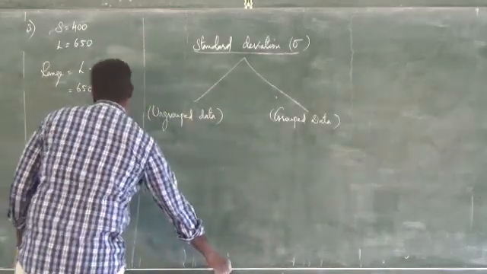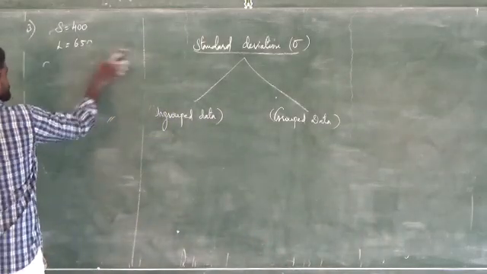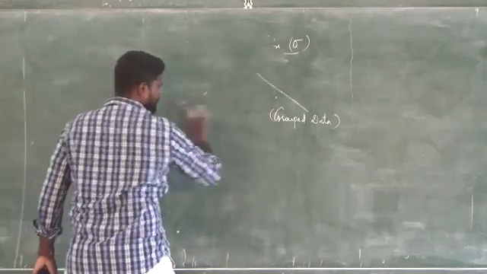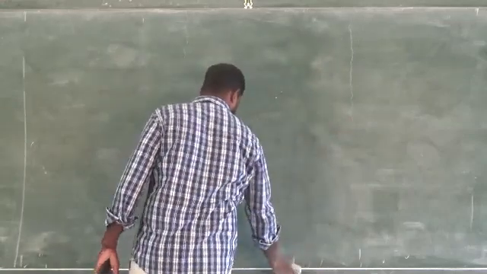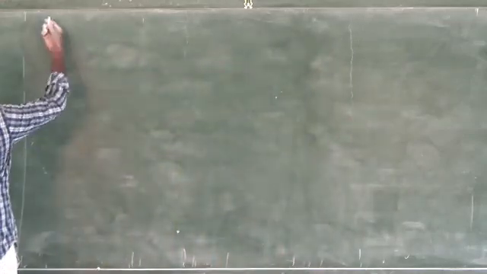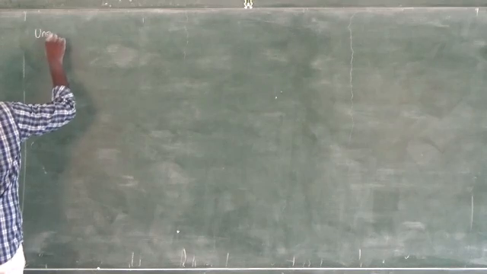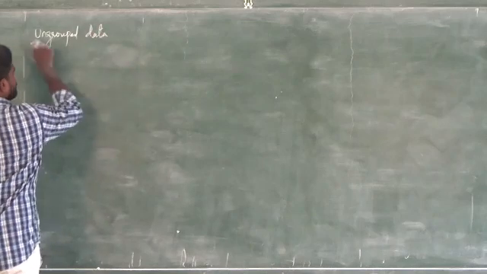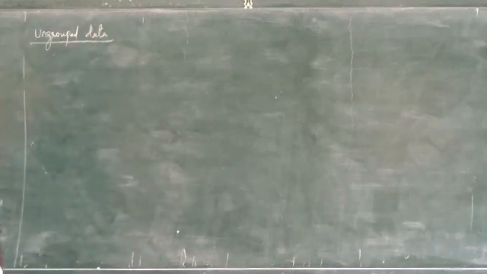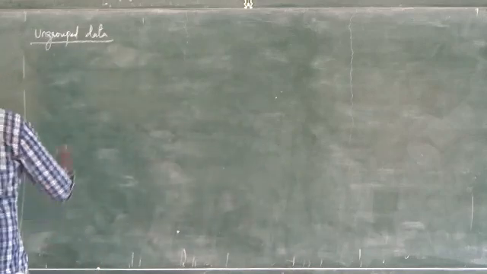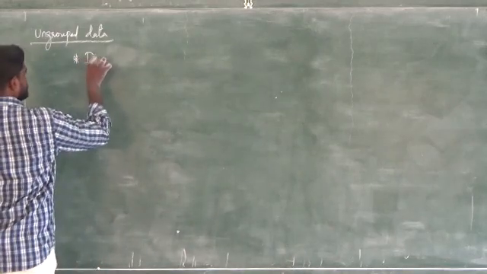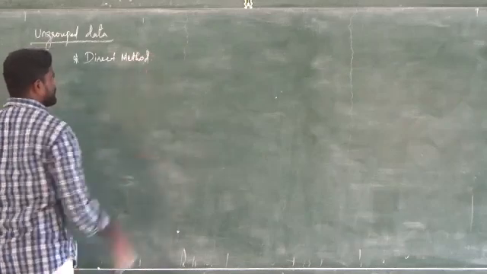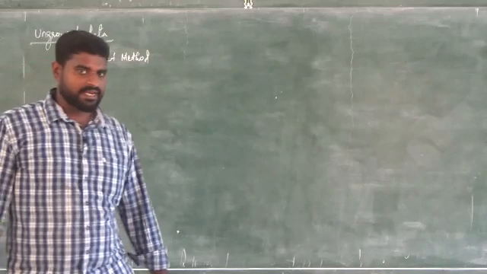In ungrouped data, we have 4 methods to find out the standard deviation. I will tell you what the methods are, then we will see them one by one. First one is direct method.